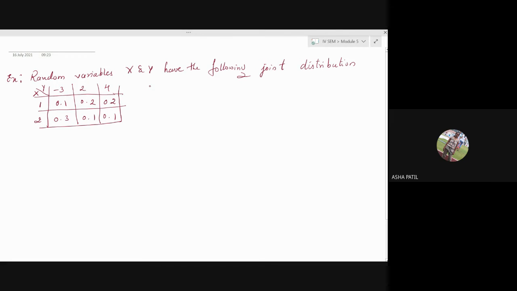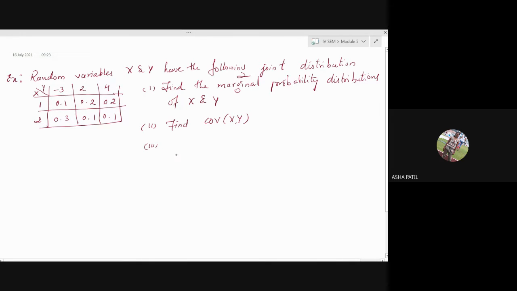Now the questions. First, find the marginal probability distributions of x and y. Second, find covariance of xy.